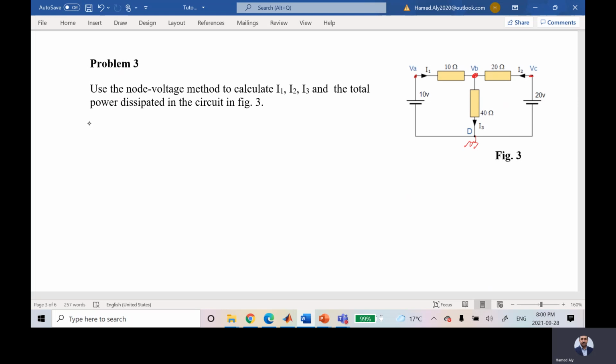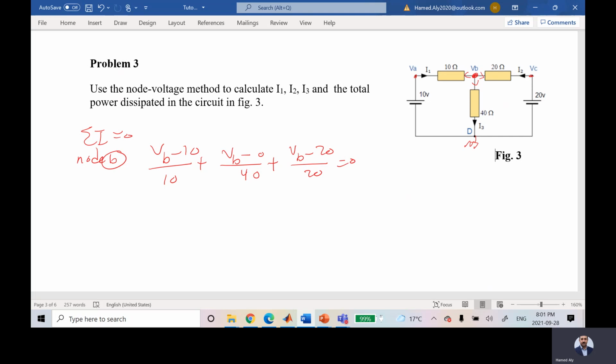So I will say summation I is equal to 0 for node B. I'll assume all currents are leaving. So this current is VB minus 10 over 10, plus this current is VB minus 0 over 40, plus this current is VB minus 20 over 20, is equal to 0.